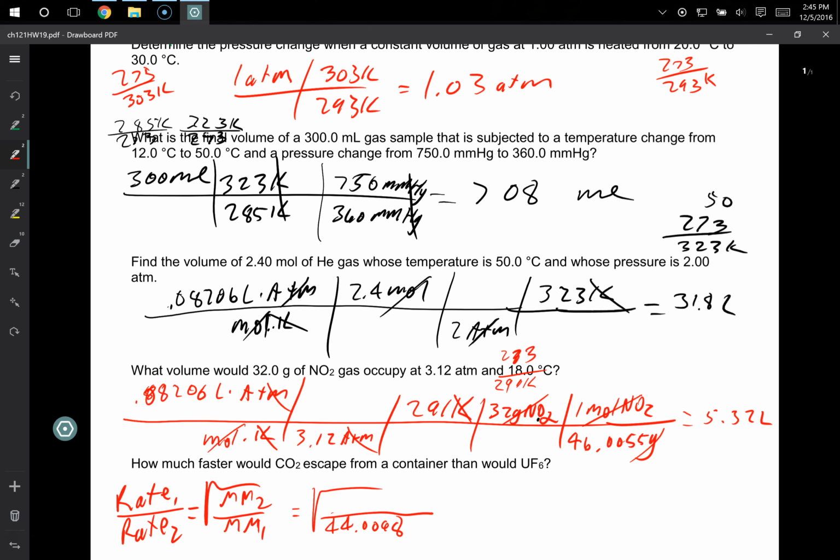And in my numerator, I've got 238.0289 plus 18.998403 times 6. And so that's 352.019, square root.